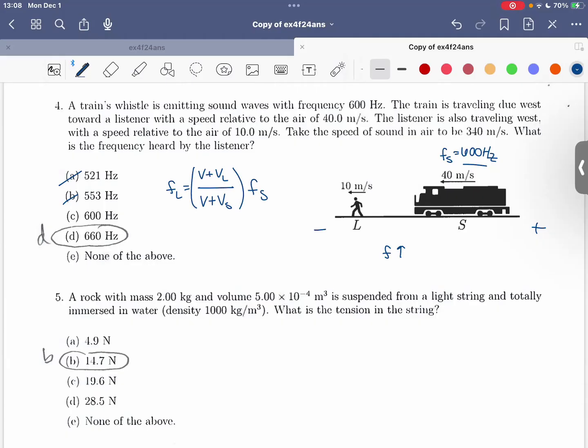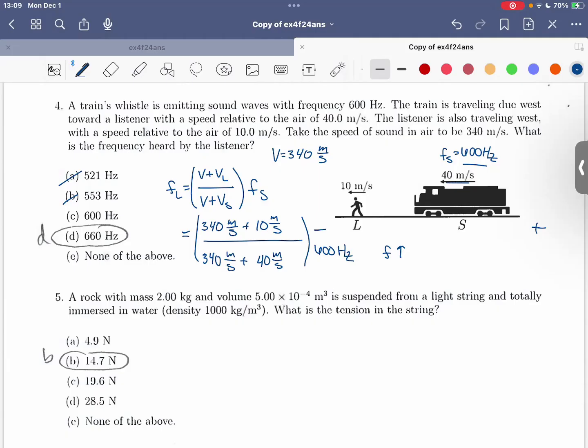Okay, so if velocity is equal to 340 meters per second, then we have 340 meters per second plus the 10 meters per second for velocity of the listener, and then 340 meters per second plus velocity of the source, which is 40 meters per second, times the frequency of the source, 600 hertz.